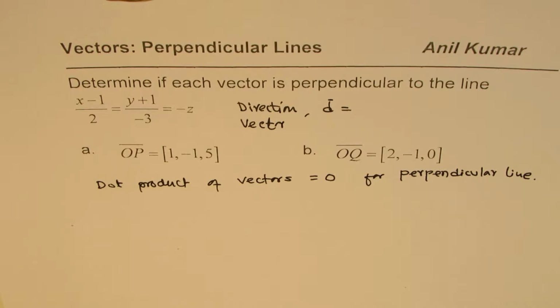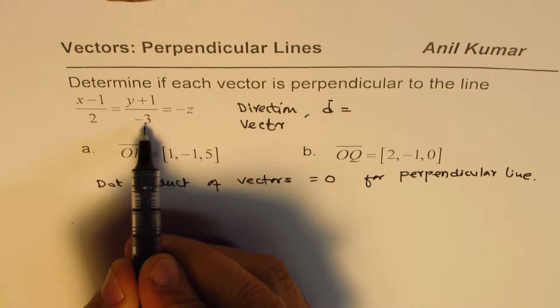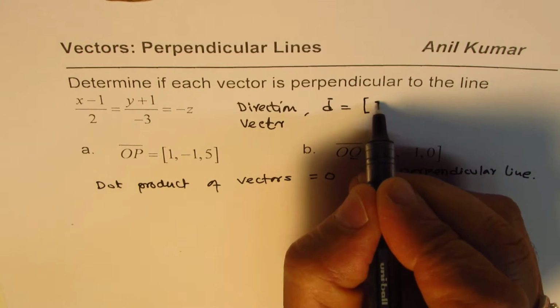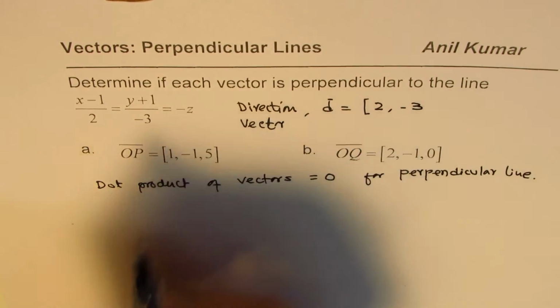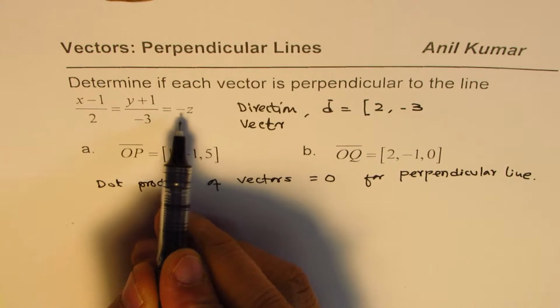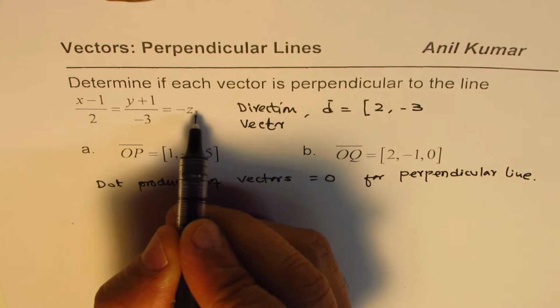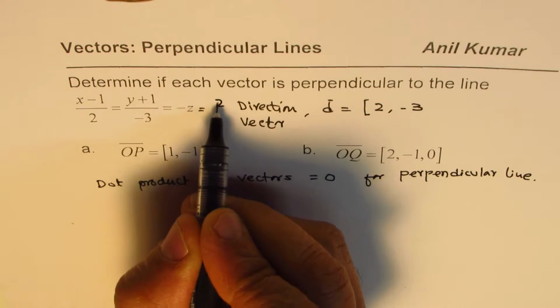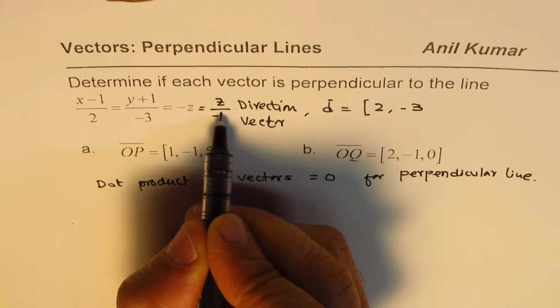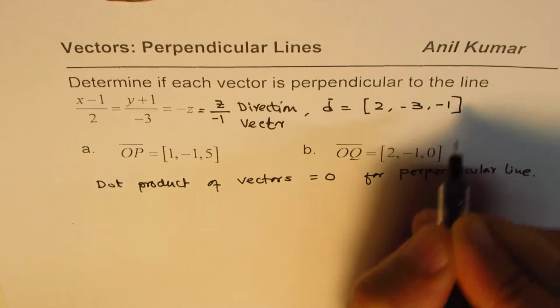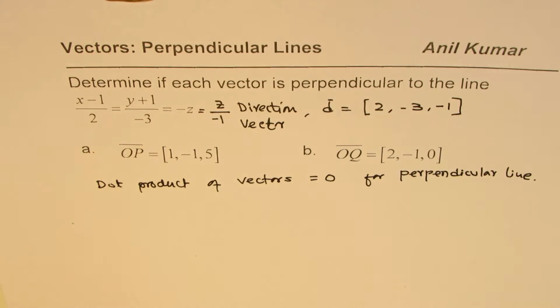So we have an equation in R3, the direction vector is right there in the denominator: 2, minus 3, and what? Minus z, right? This is kind of important to understand. This could be written as, let me rewrite z as z over minus 1. Do you see that? So this is minus 1, right? So this is how you should see this z.